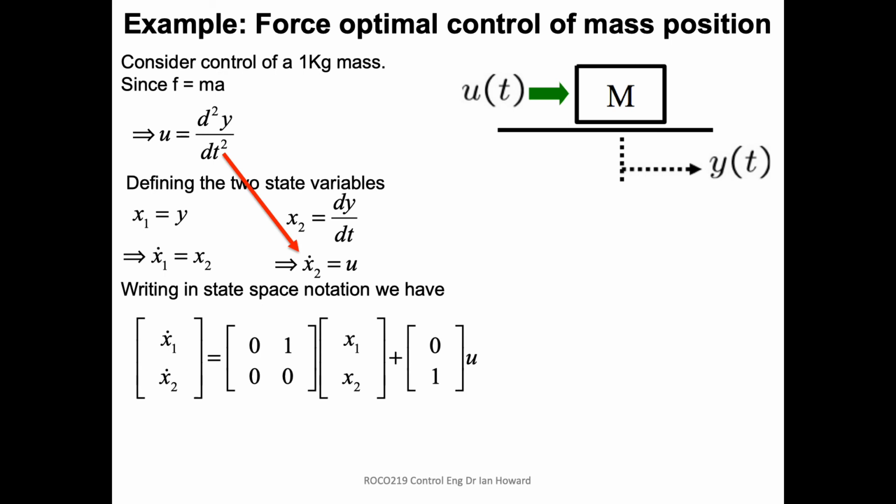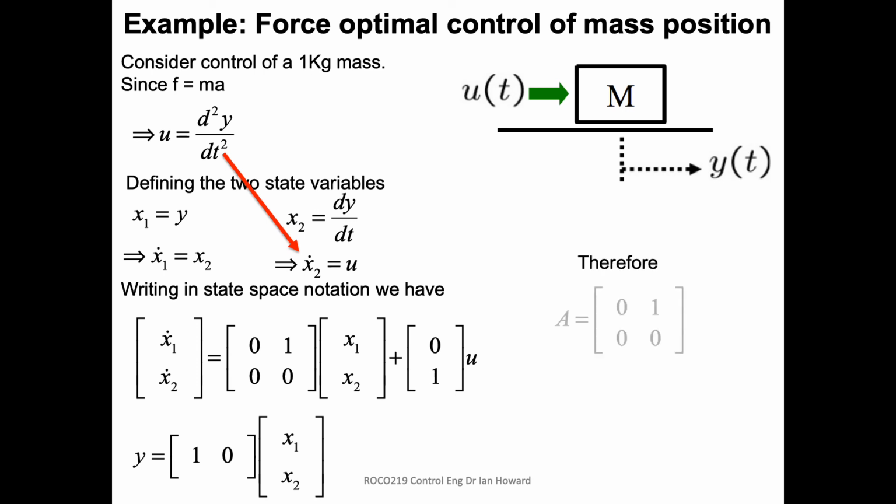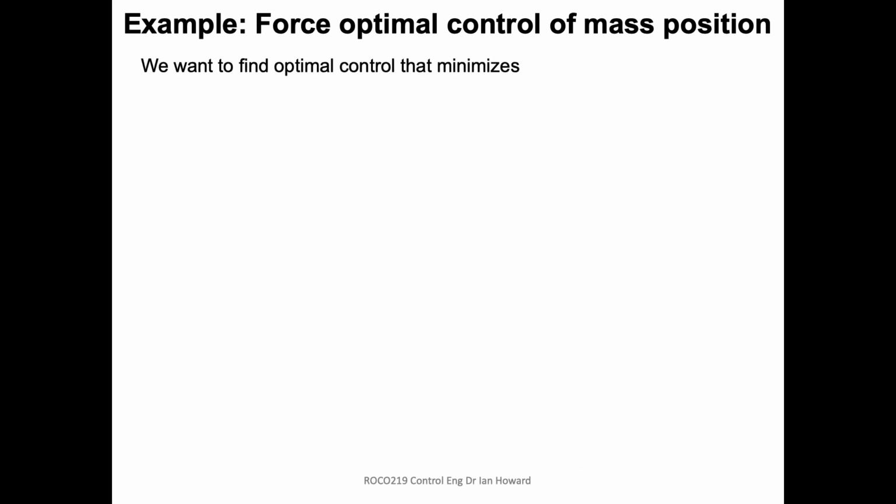So now we've got our very simple state space model. x1 dot, x2 dot, written as a vector, equals this A matrix multiplied by the state plus this B matrix multiplied by u. And the output's going to be x1, so we care about the output being y, which is going to be the displacement. So we've got the A matrix, the B matrix, and the C matrix.